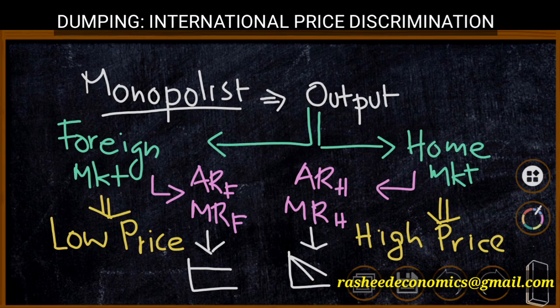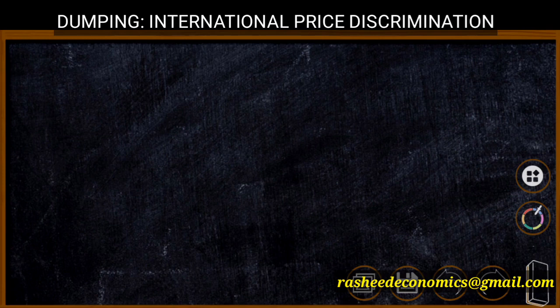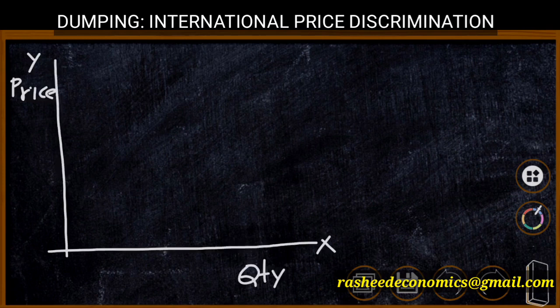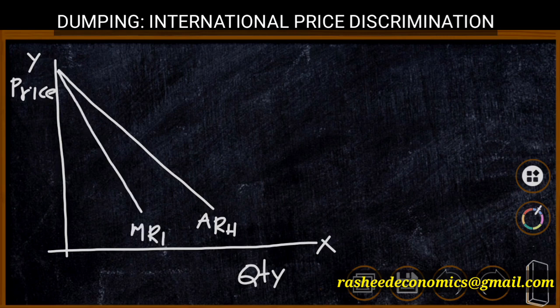Let us now explain the equilibrium condition of dumping, international price discrimination. We have drawn the x-axis and y-axis. On the x-axis we have taken quantity, and on the y-axis we have shown the price of the commodity, or revenue or cost. Initially we have a downward sloping demand curve, which is the average revenue curve of the home market, and corresponding to this we have a marginal revenue curve, the marginal revenue curve of the home market.